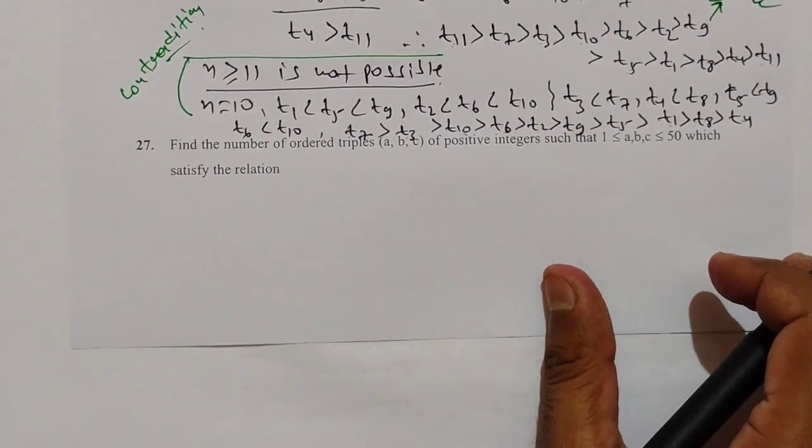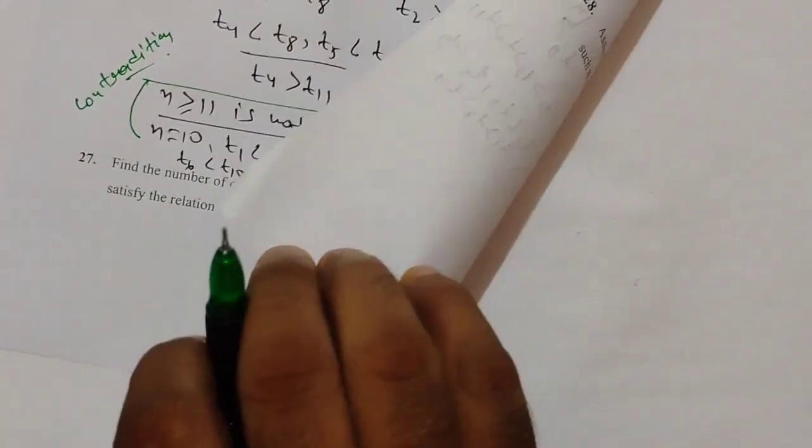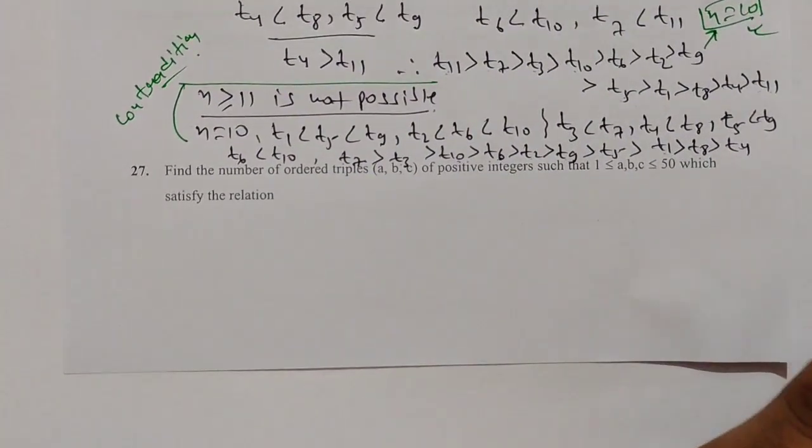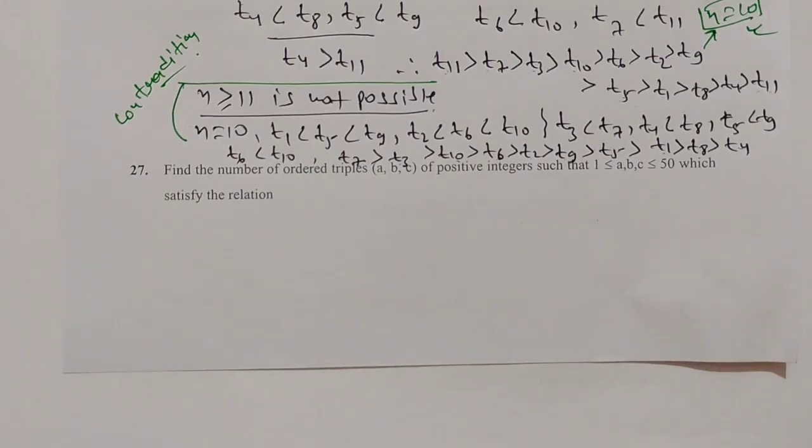Now the problem number 27. In this problem, find the number of ordered triples (A, B, C) of positive integers such that A, B, C are greater than or equal to 1 and less than or equal to 50.